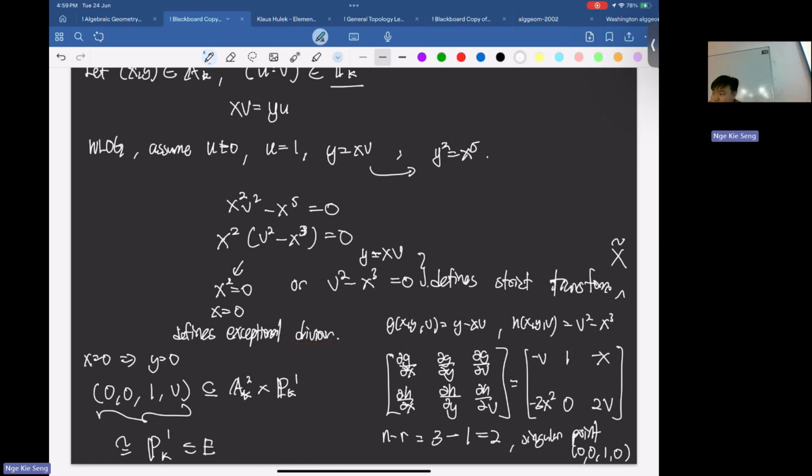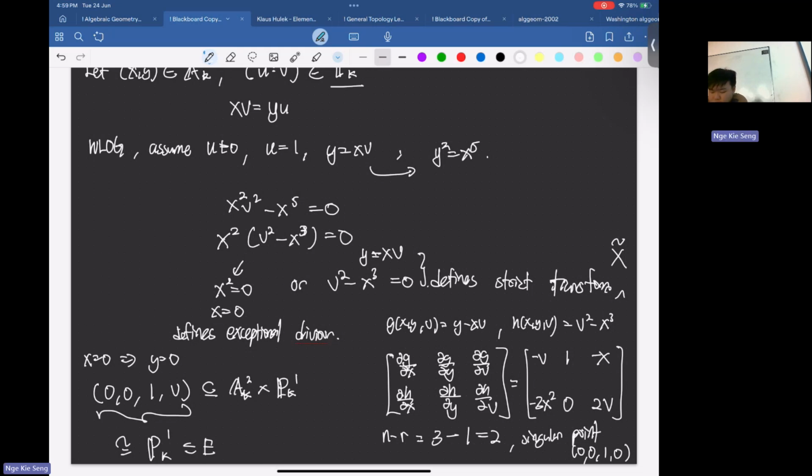The singular point is this point, because when x and v are 0, then the rank of the Jacobian matrix is not equal to 2. And at the same time, if x equals 0, then y also is equal to 0. So the singular point is this point, 0 0 1 0.